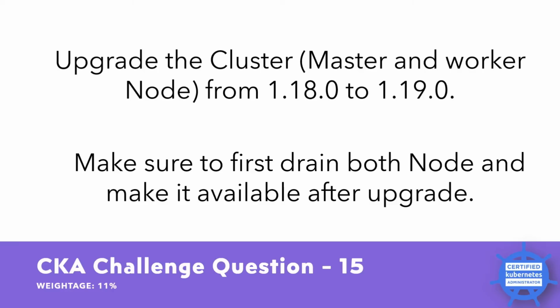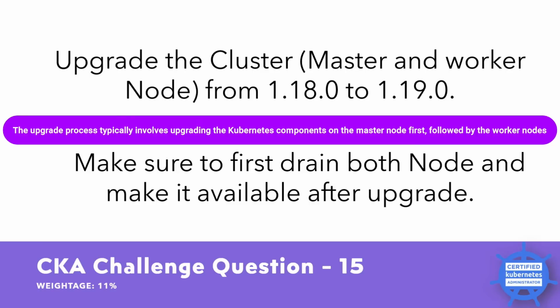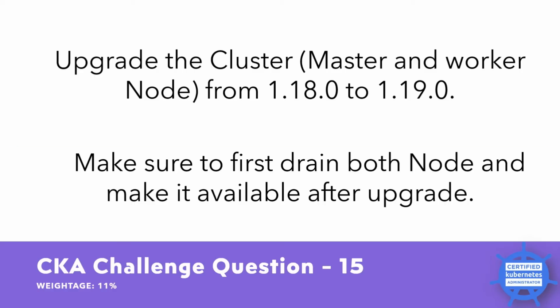Once you confirm compatibility, you can then use the Kubernetes command line interface kubectl to initiate the upgrade process. The upgrade process typically involves upgrading the Kubernetes components on the master node first, followed by the worker node. You would need to ensure that the upgrade is performed in a safe and controlled manner, with appropriate backups and a rollback plan in place in case of any issue.